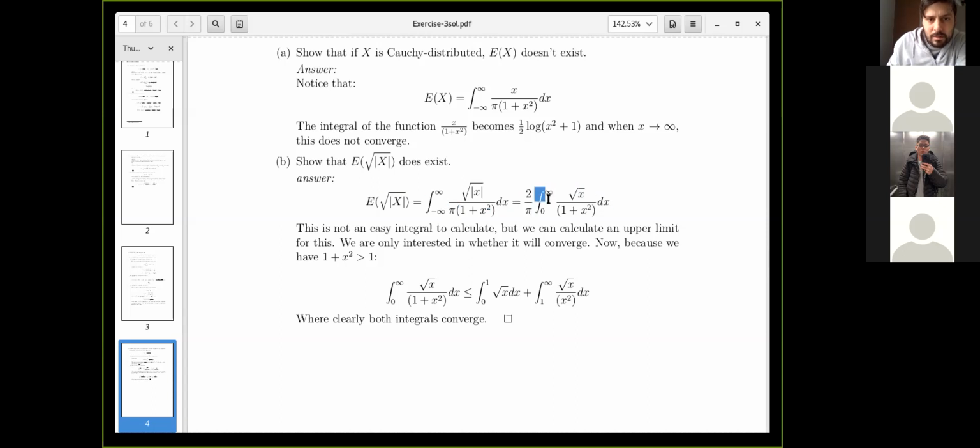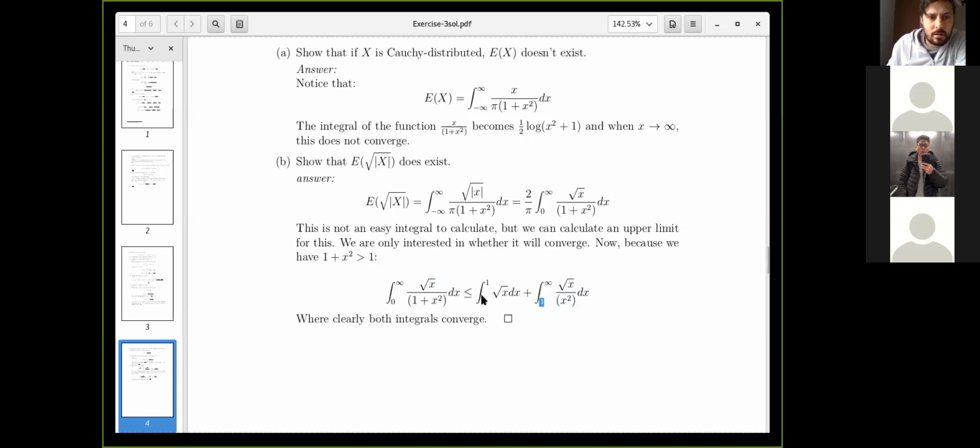And we can just look at this integral function here, this square root of x over 1 plus x squared. This is, again, not an easy integral to calculate, and we don't actually even need to calculate it. We only need to find the upper limit. Again, we chop it into pieces, from 0 to 1, and then from 1 to infinity.